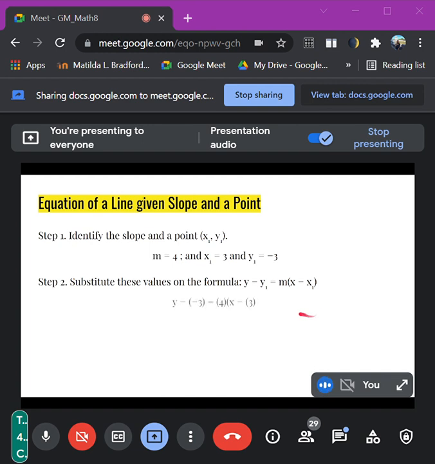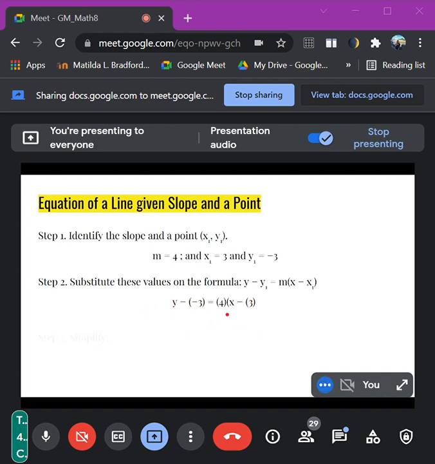Now, we're going to substitute. So, you have there y minus, and then the y sub 1, that is negative 3, so quantity negative 3, is equal to your m, so your slope is 4, and then quantity x minus your x sub 1, that is 3. So, we just put in the 3.